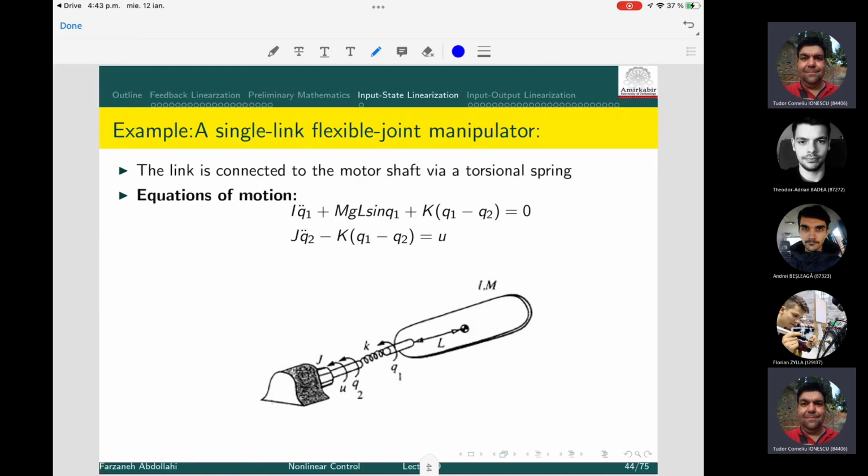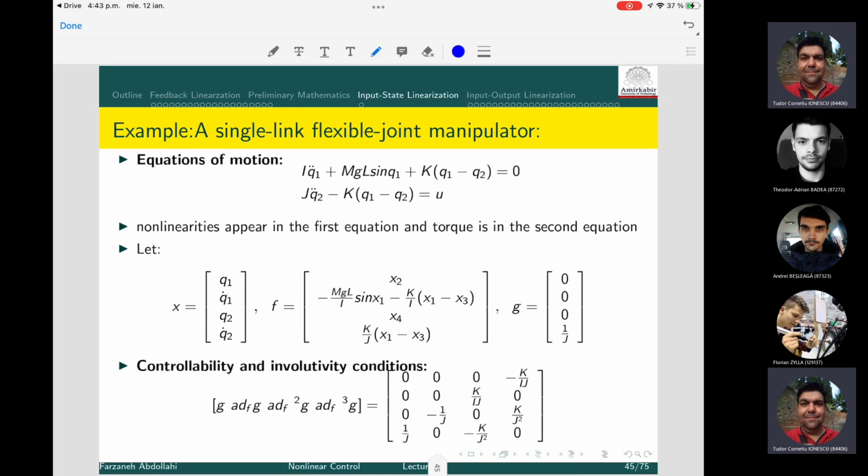And now we have the example of a single link flexible joint manipulator connected to a motor via the shaft or torque. Okay, this is technical stuff. We have these equations of motion, as you can see here. These are rotation motion equations, second principle.